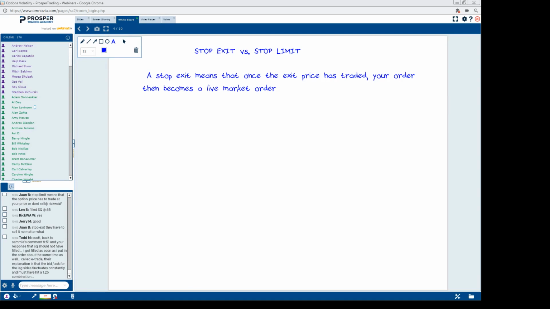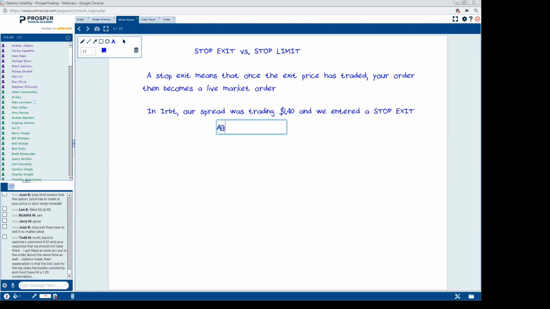Okay? So when the spread was trading in iRobot, our spread was trading $1.40 and we entered a stop exit at $1.25.